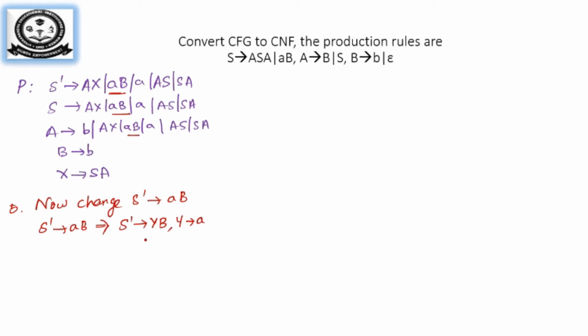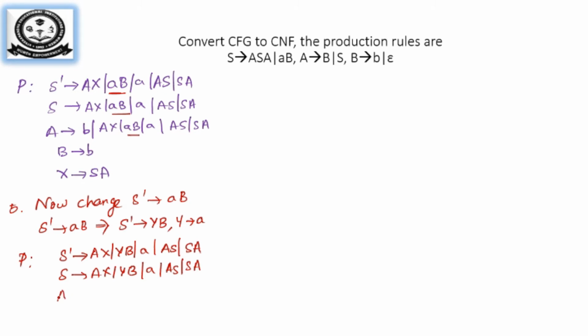So what you will do is, wherever you see the terminal symbol A, you will replace it with Y. So your production rule will change as S dash tends to AX, YB, A, AS or SA, and S also will be the same: AX, YB, A or AS or SA.